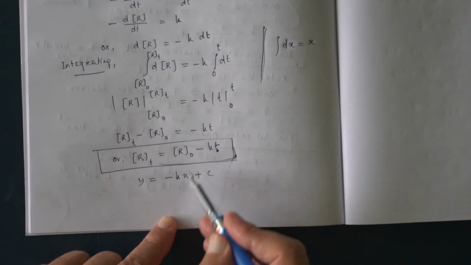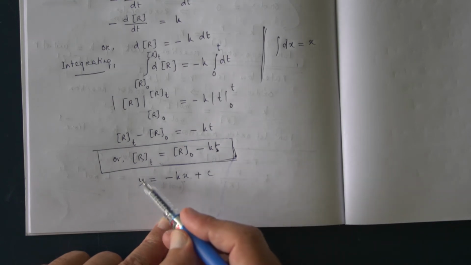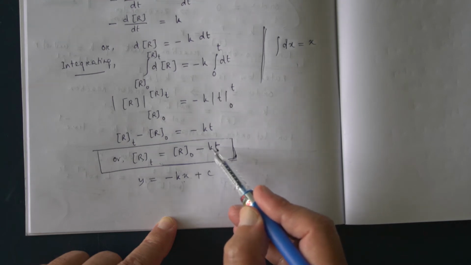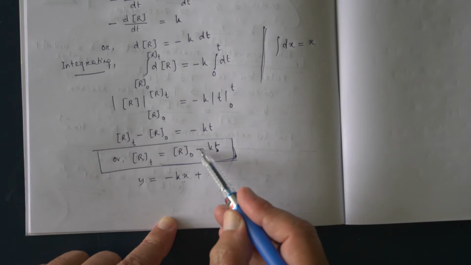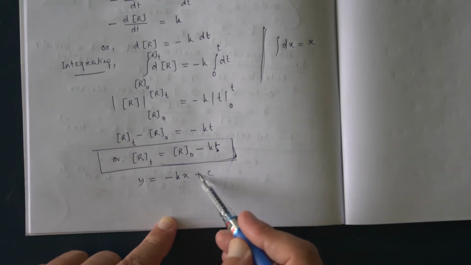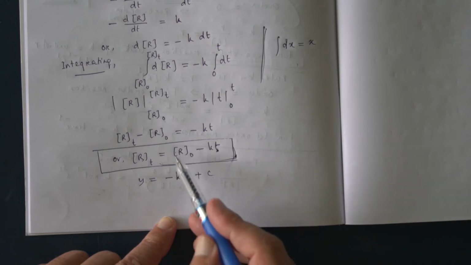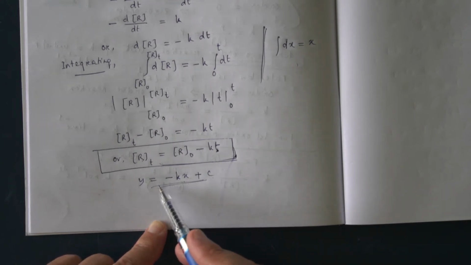So this equation is like this: y equals minus mx, but it is minus, mind that, plus c. Good, this equation is like this, and you know this is the equation of a straight line.